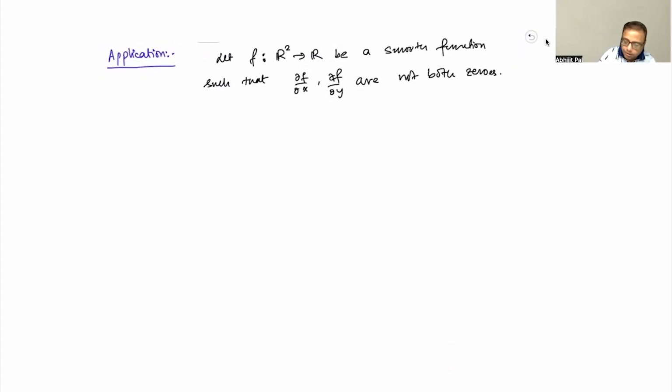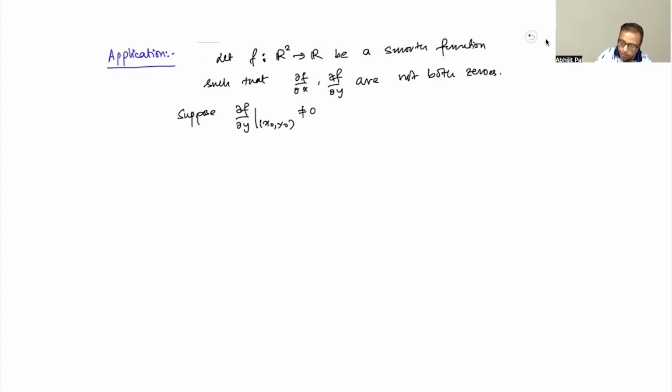So this means that at least one of them will be not equal to 0. Okay. So suppose ∂f/∂y at some point (x0, y0) is not equal to 0.